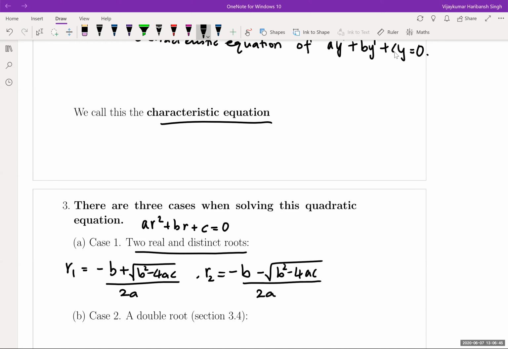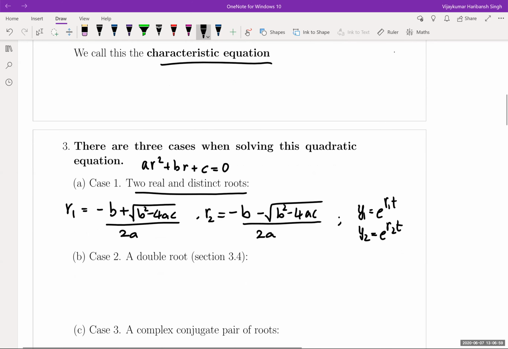And your solutions are of the form y1 equals e to the power r1 t, y2 equals e to the power r2 t. Now consider the second case, that both of these roots are the same. In that case, we have b squared minus 4ac is 0, and both the roots are r1 equals r2 equals minus b over 2a.